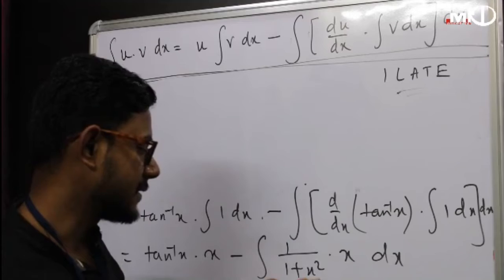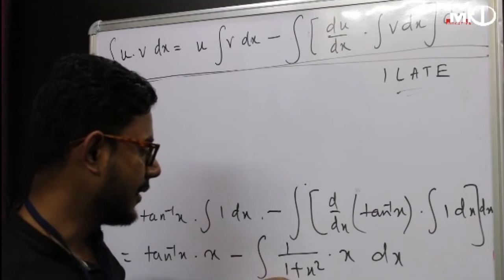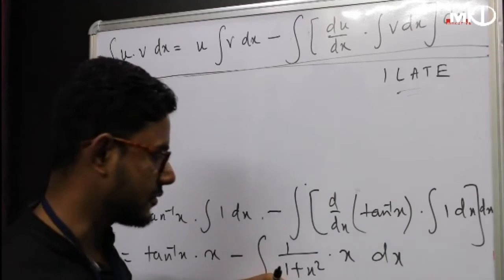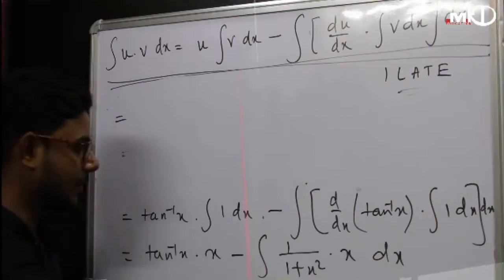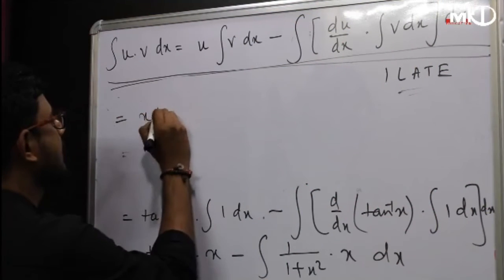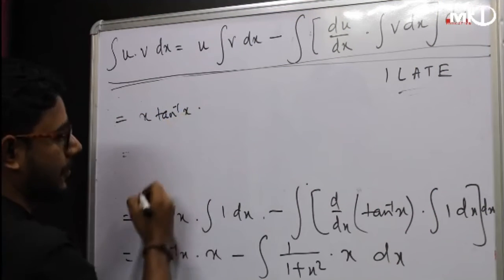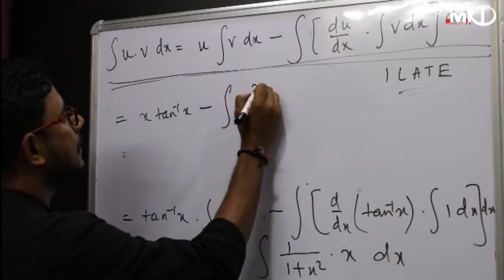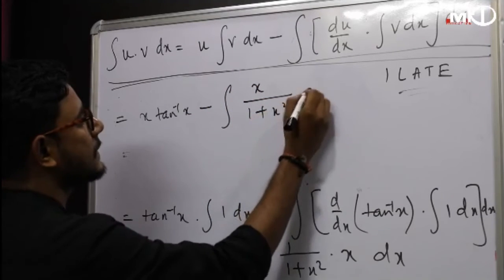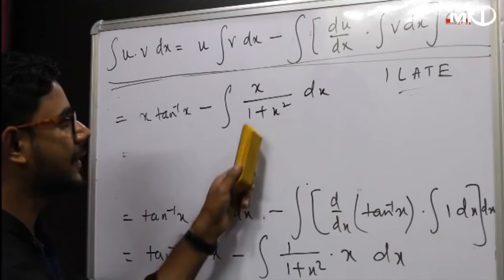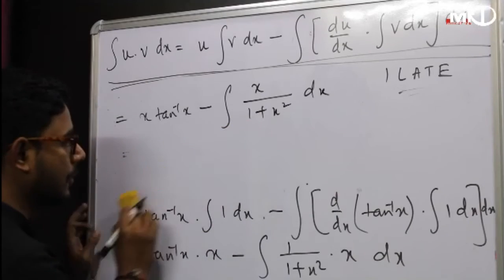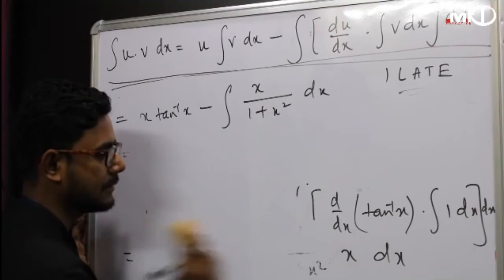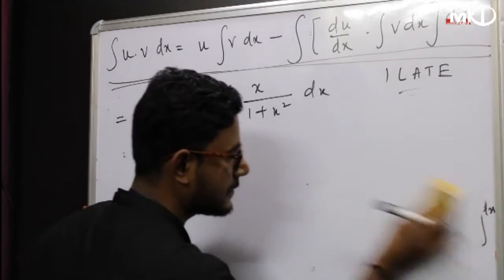How to find the integration of this one? To find it, we can use the substitution method. So now it will become x tan inverse x minus integration of x by 1 plus x square dx.